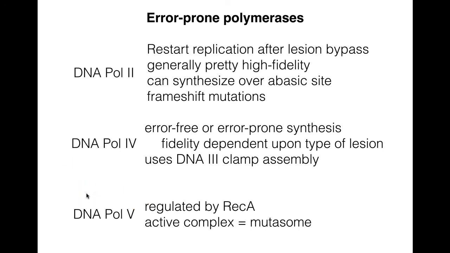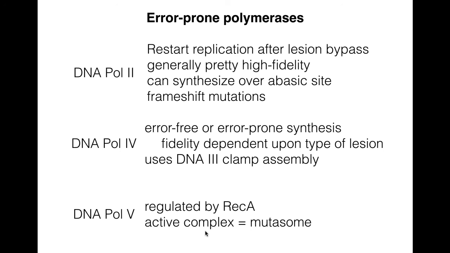It's very, very highly regulated because of its ability to introduce new errors. We don't want it to be going wild because we don't want to get a lot of new errors in the DNA as we go. So it's very tightly regulated, in a way so that it can't be functioning when normal polymerases are functioning.